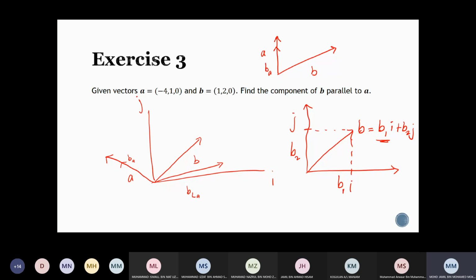Similar concept, but now maybe vector A is a bit tilted, and vector B is, for example, vertical. So we can find the component of B parallel to A, and another one perpendicular to A. That's all it means.